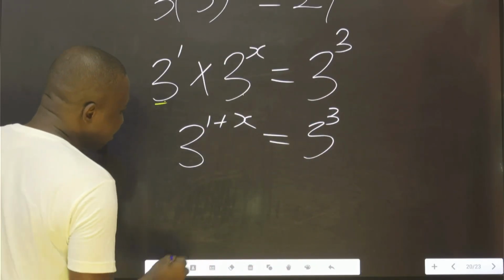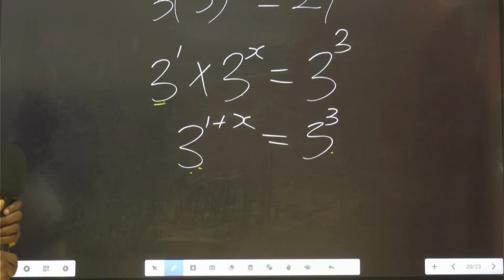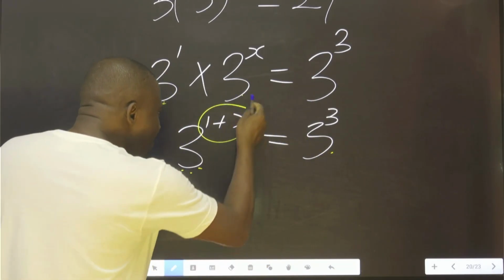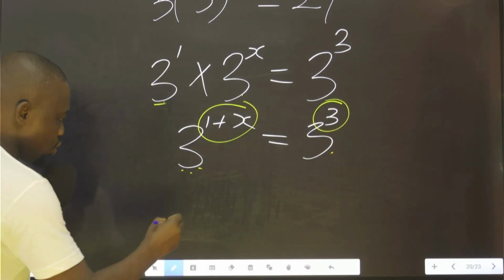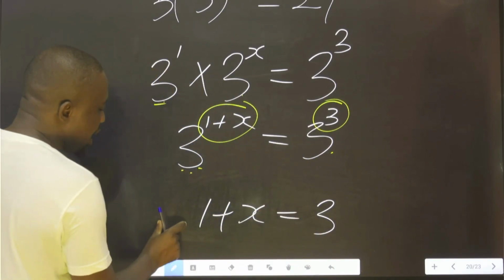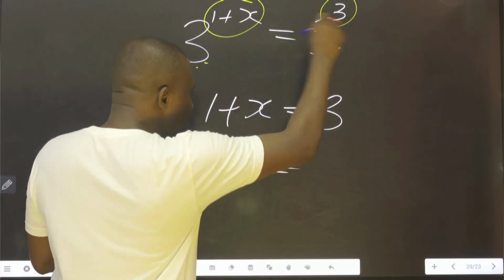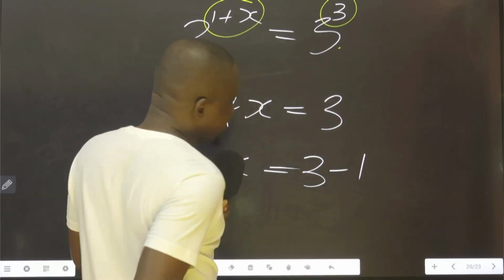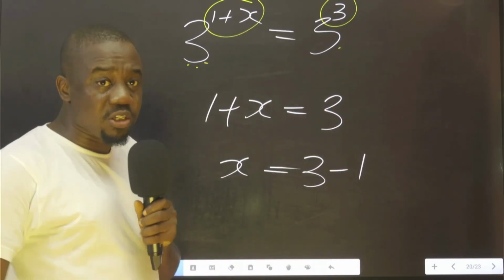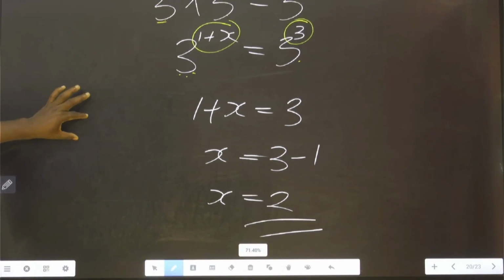Now that they are friends, the bases are the same, so it also means these indices are equal. To find x now, we move 1 to the other side, and when it's moving there, it becomes minus. x here is equals to 2. This is the value for x.